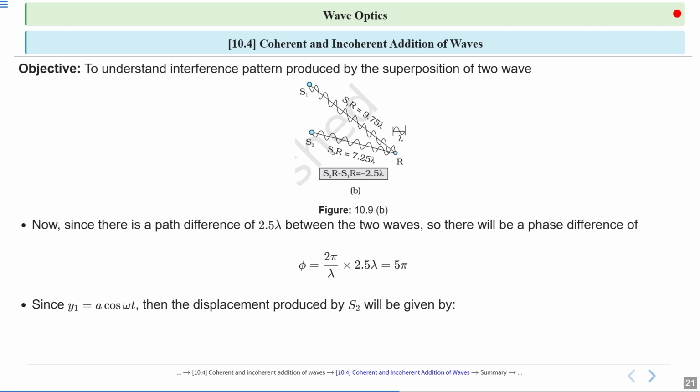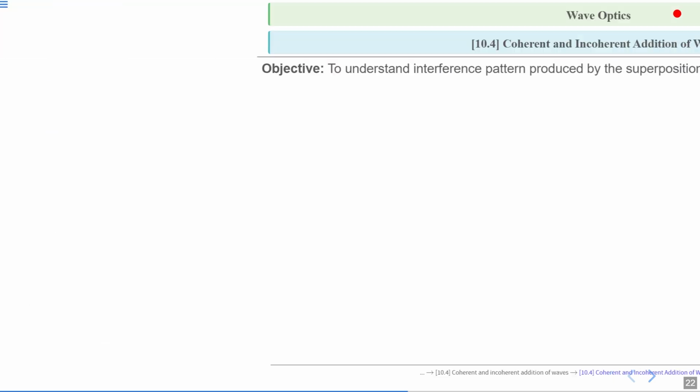Then the displacement produced by S2 will be given by y2 equal to a cos omega t plus 5 pi. Why plus? Because it is reaching ahead of S1. So the initial phase is plus 5 pi. Okay, so y2 is equal to a cos omega t plus 5 pi.